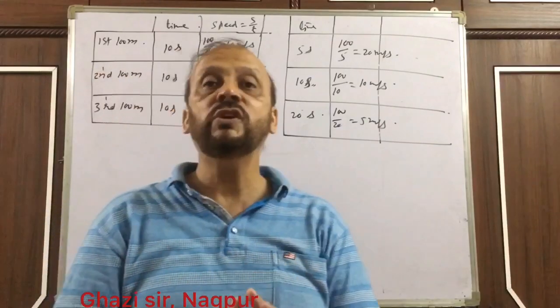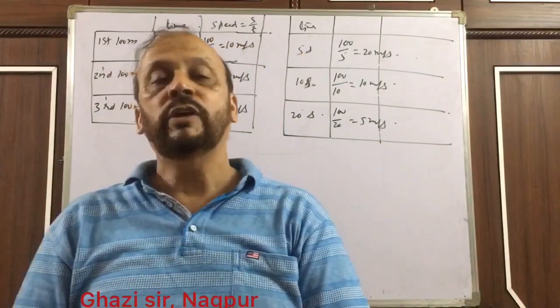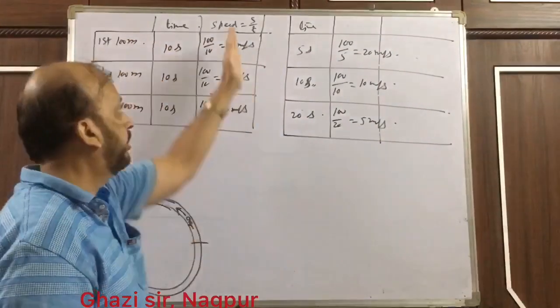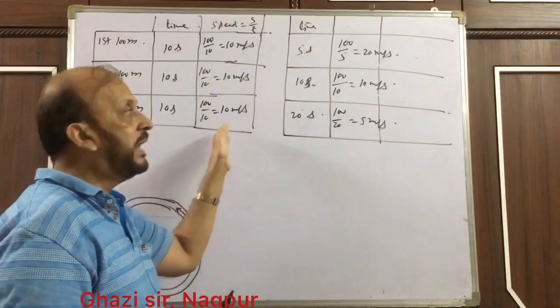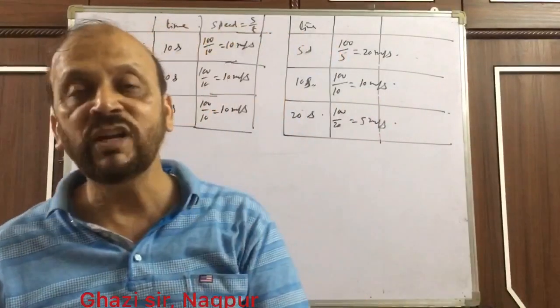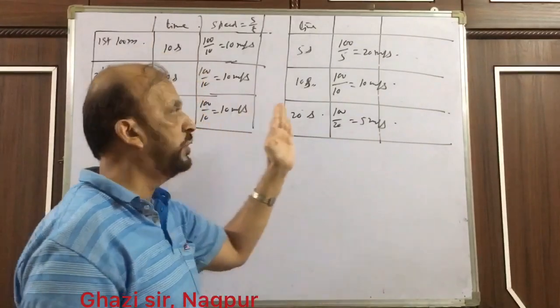This motion is non-uniform motion. So in uniform motion, each lap is completed in the same time, while in non-uniform motion, he is completing different laps in different time. So this is uniform motion, this is non-uniform motion.